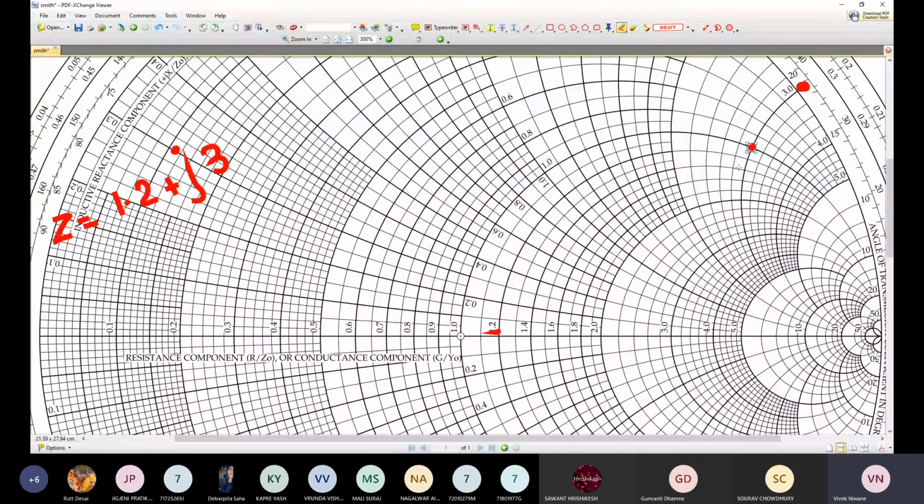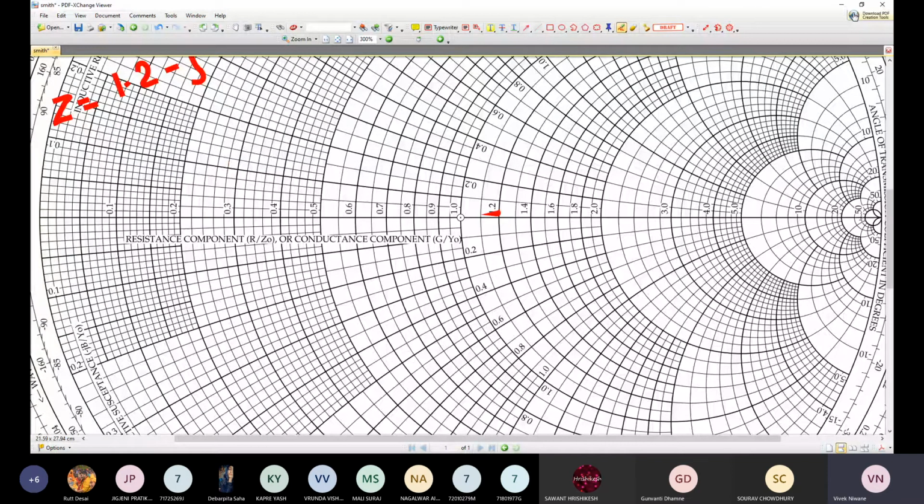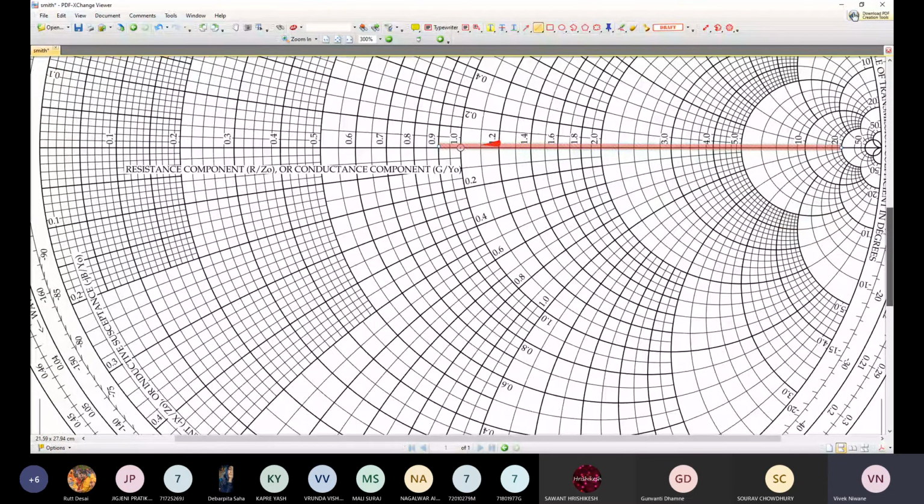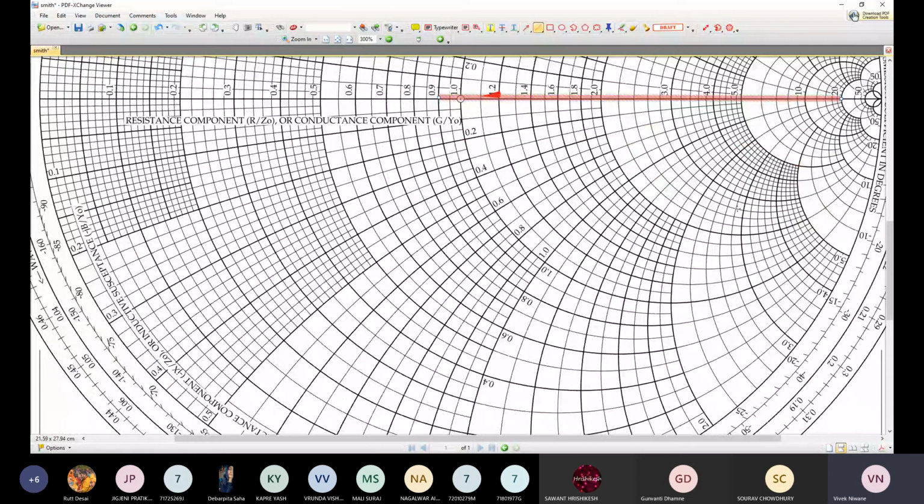But now what if I say that no, I don't have the plus sign, I do have the minus sign. Okay, fine. We will now go down below the horizontal line. ये जो horizontal line है आपकी, इसके नीचे है आपका नेगेटिव, इसके ऊपर है आपका पॉजिटिव. So accordingly we will go downside. We do have a 3 over here.